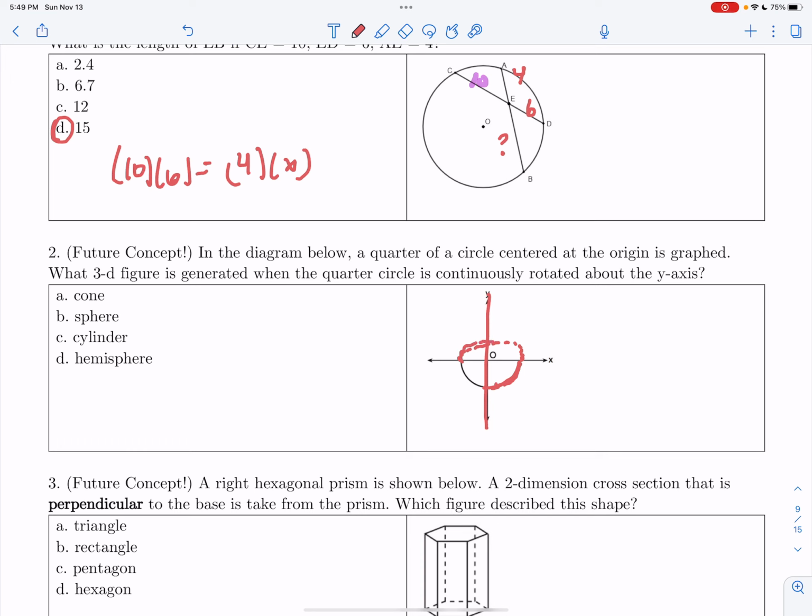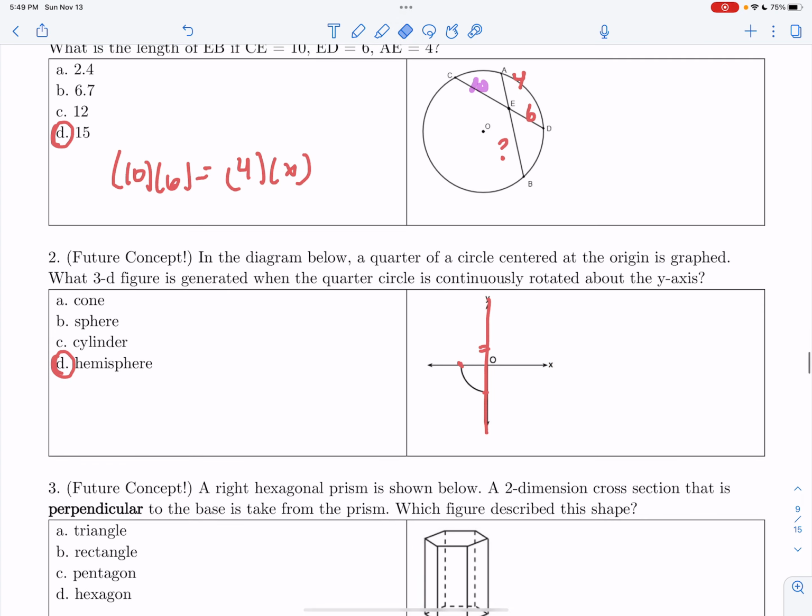And what is that? It's just a hemisphere. It's not going to be a full sphere. In order for it to be a full sphere, you need a semicircle. But since you're given a quarter of a circle, then it's just this thing right here, like that.